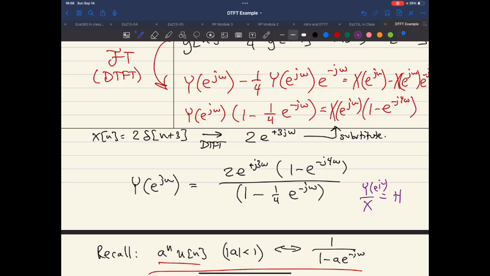In this case, we'll have Y(e^jω), X(e^jω), H(e^jω). Once we get this, we can just pop it through the DTFT, sorry, and recover h[n]. In this example, I'm just kind of saying, well, it's close enough to an impulse, so I'll just massage it until I get back that impulse that I was looking for.